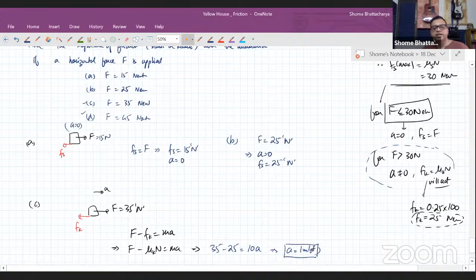And the friction acting will be 25 newtons. Remember, the value of kinetic friction will not depend on how much force we are applying. It just depends on the coefficient of kinetic friction. Whereas the value of static friction is dictated by how much force we are applying.